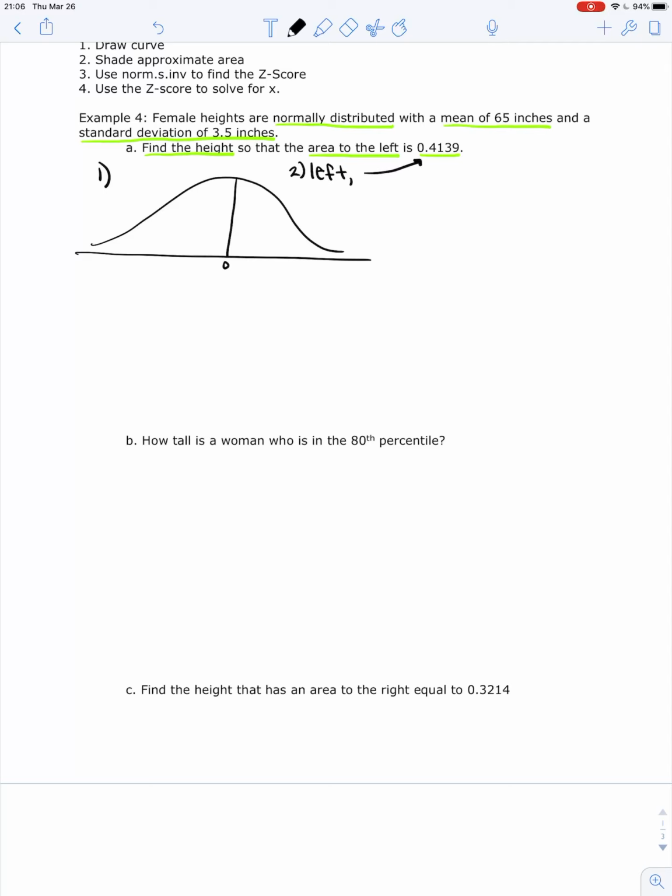We have 0.4139. So we've got a little less than half the curve that we know the probability for. So if we're looking for the area to the left, that means that that's the section that gets shaded. So this is kind of like a less than problem.